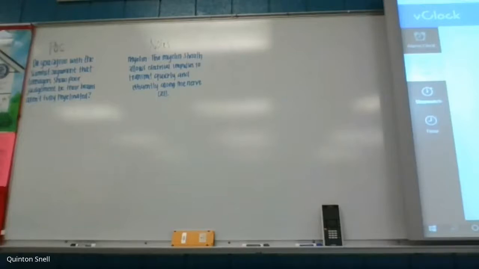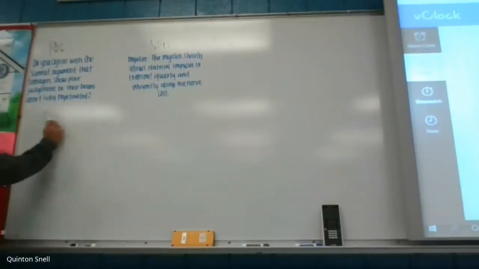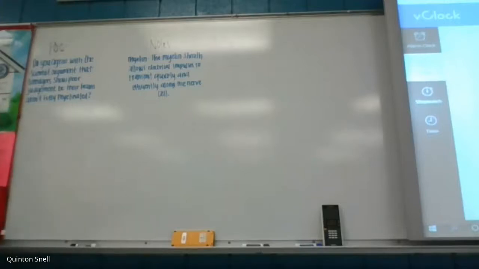I shall begin. So, my PLC is, do you agree with the scientist's argument that teenagers show poor judgment because their brains aren't fully myelinated? What I know is that this is really an argument, so you can think what you want. Some scientists don't believe it, some scientists do, and I believe it in a way.